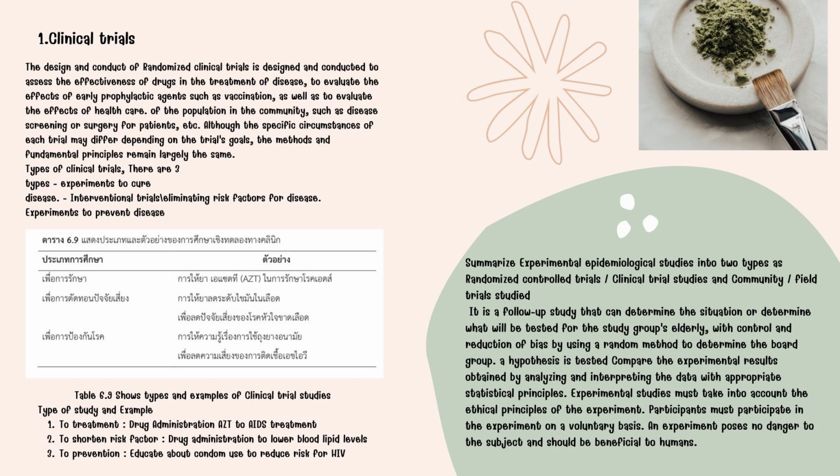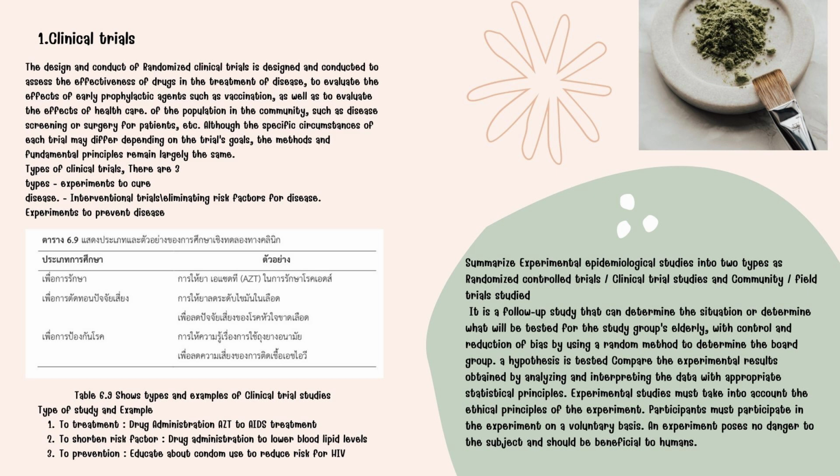The clinical trial is the design and conduct of randomized studies to evaluate the effect of early prophylactic agents such as vaccination, as well as to evaluate the effect of healthcare of the population in the community, such as disease screening or surgery for patients.